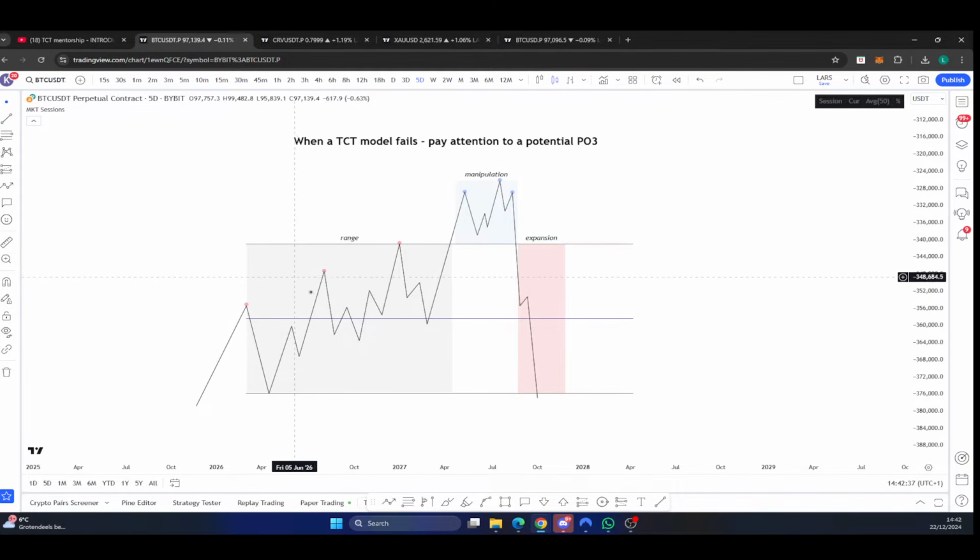So if your model one fails, even though it was confirmed, instead of immediately giving up on the idea of shorting, you want to look at price from a POV where you have to ask yourself, okay, what could be some extra manipulation that the market maker could potentially do before indeed completing the reversal back down that I was initially expecting.